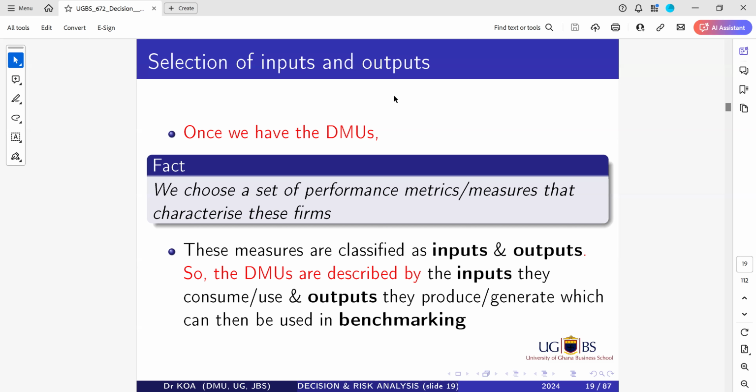You can't compare a police depot with an army depot. They are different. Neither can you compare countries with capitals. If you are comparing countries, you compare countries. If you are comparing cities or capitals of a country, you compare those. Homogeneity has to be present.